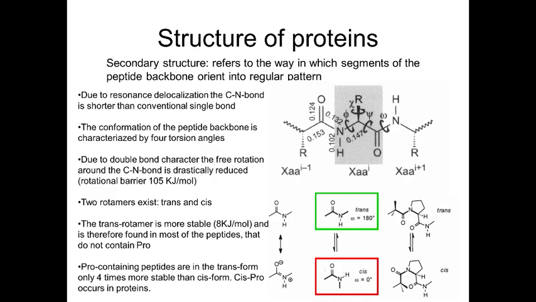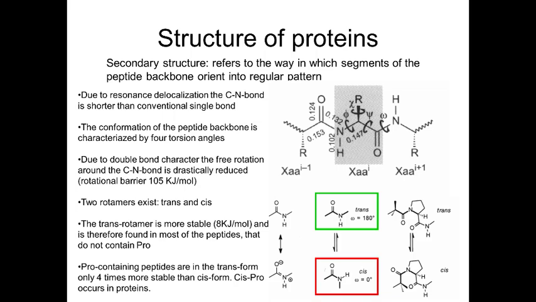Due to the fact that the trans rotamer is 8 kilojoule per mole more stable than the cis form, it is found in most of the peptides that do not contain proline. In proline, the case is a bit different.